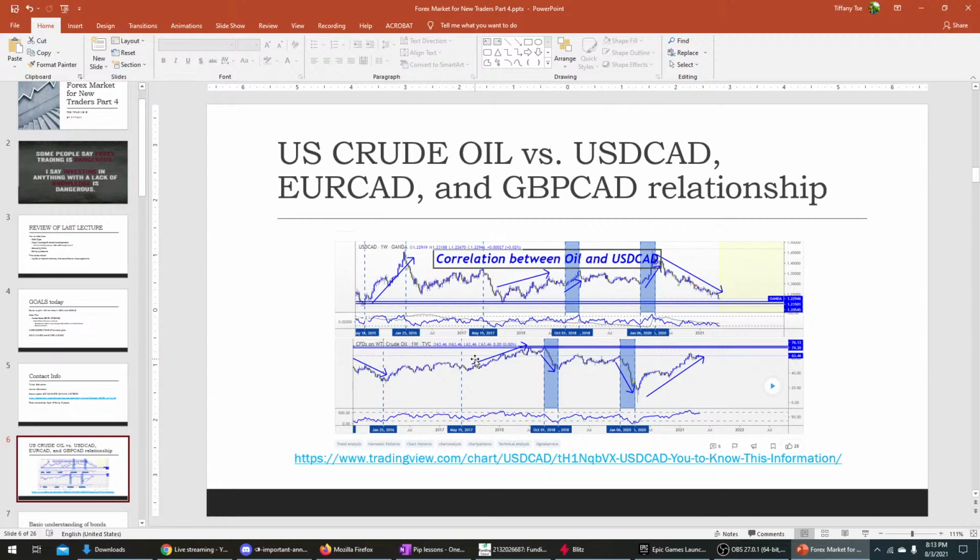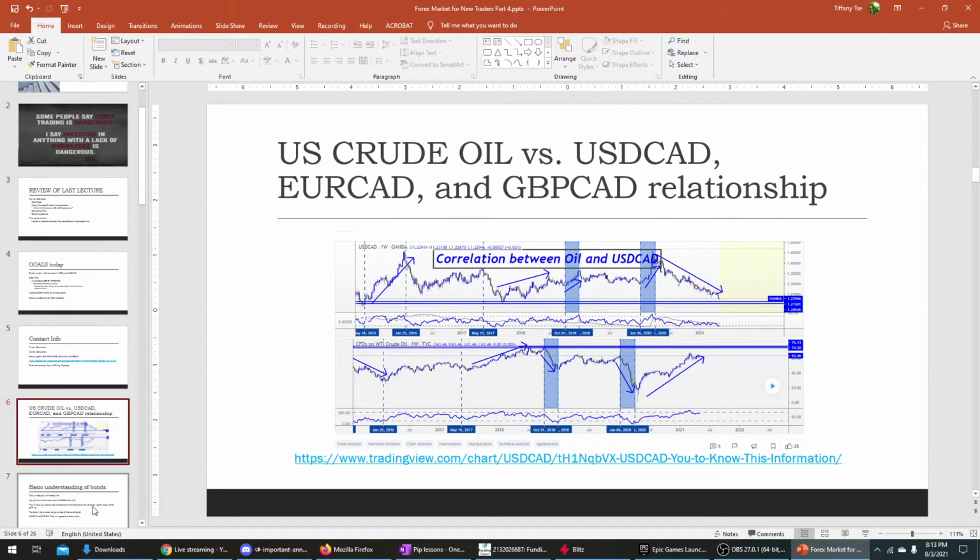You can trade gold and then USD CAD, but if you're trading the pound CAD and then USD CAD, they're basically the same chart. Sometimes they can be the same, but they're affected by the policies and the news around their economies, and that's what we went over. I think we went over that. I'm not sure, but I'll go over it anyways.